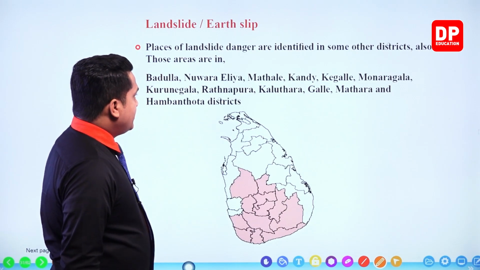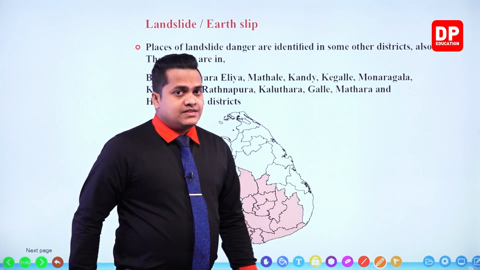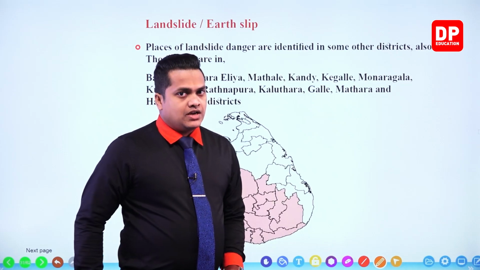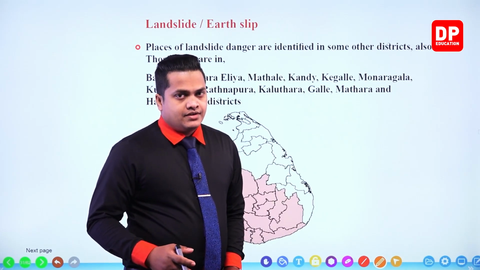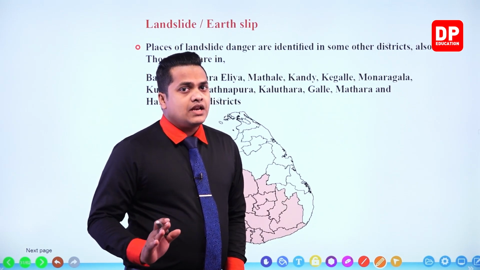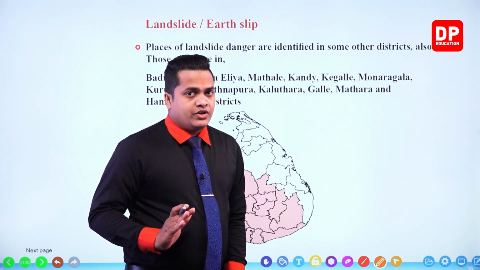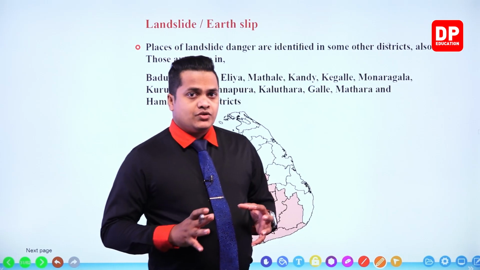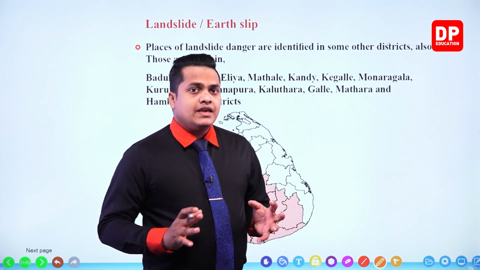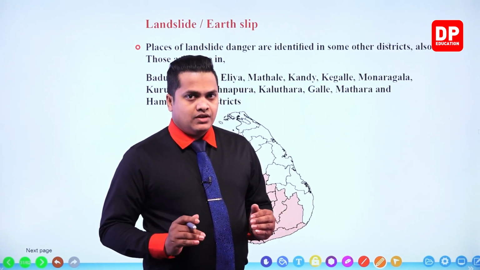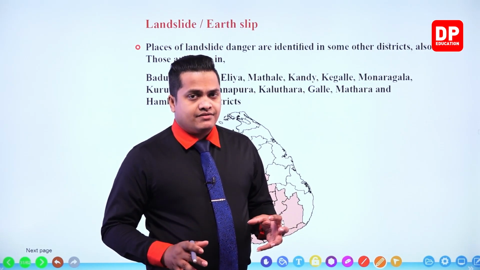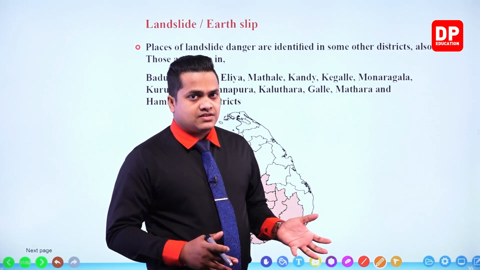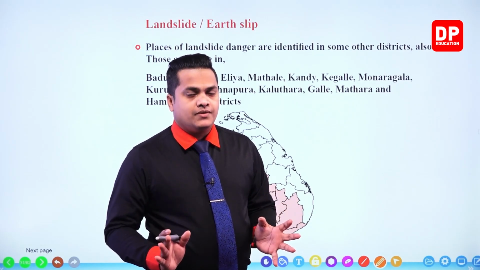So my dear children, these are several areas in Sri Lanka identified as being at risk of landslides. I told you that landslides mainly occur within the hill country, but several other districts have also been identified at risk due to heavy rainfall.